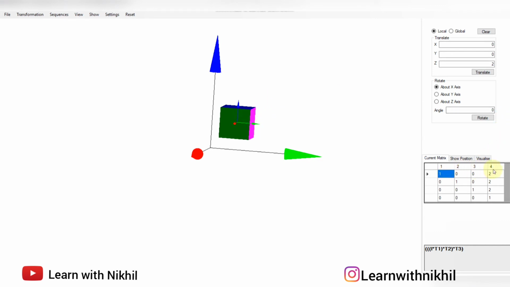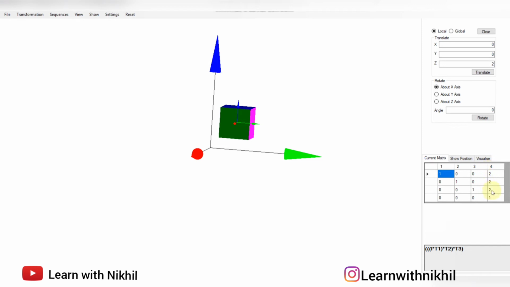Now here you can see there are some changes in this matrix. Earlier here it was 0 0 0. So here you can see this is 2, 2 and 2, which we had put in here. So this is nothing but qx, this is nothing but qy, this is nothing but qz. So only this part is the 3 into 1 matrix that we have spoken about earlier.